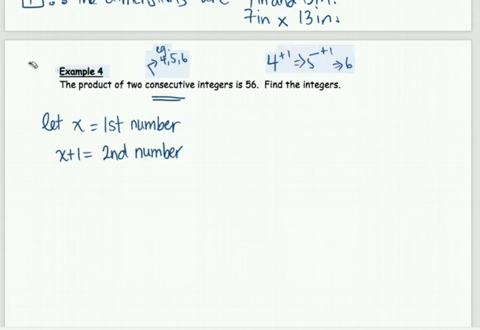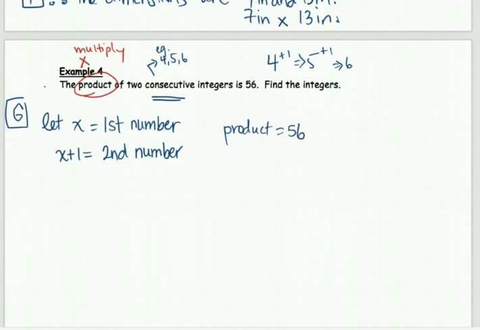All right, so from there, we know some other information, like we know that the product of the integers is 56. So again, what does product mean? That means multiply, right? So we know the product is 56. Okay, so let's build our expression here.